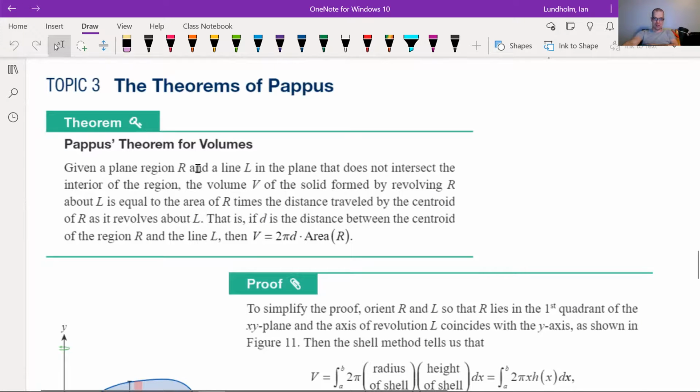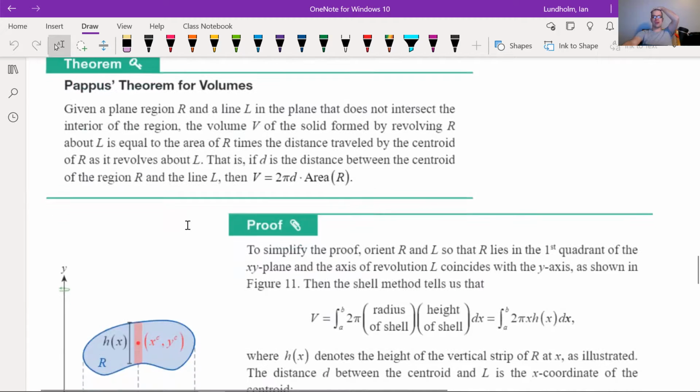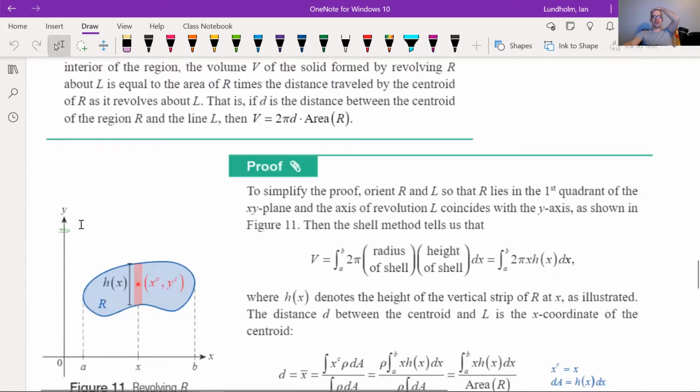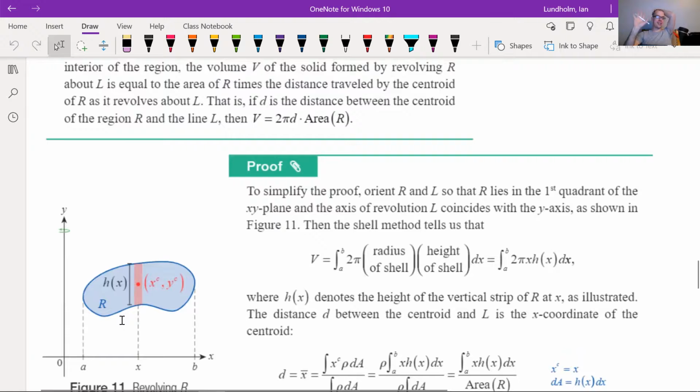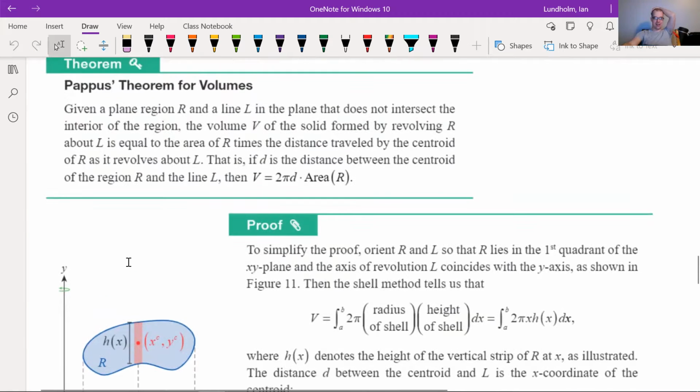But what Pappus understood, he's an ancient Greek, is that the volume of a solid formed by revolving some region around a line, an axis of rotation, that's what L is, would be the area of a cross section, and that cross section has to stay consistent the entire time.